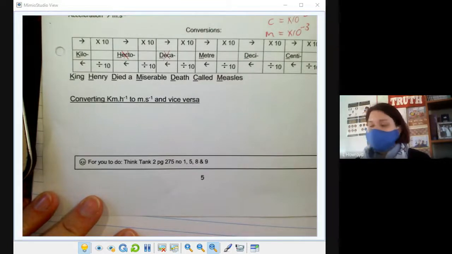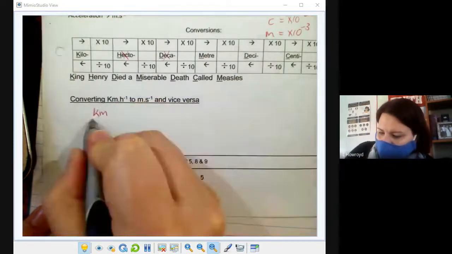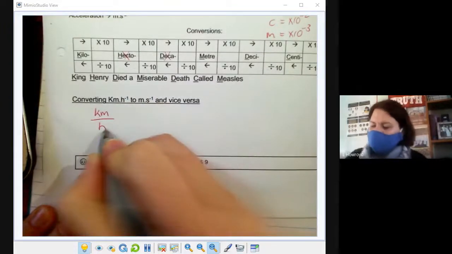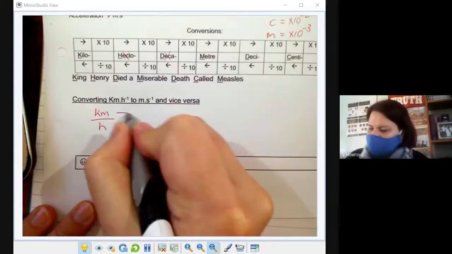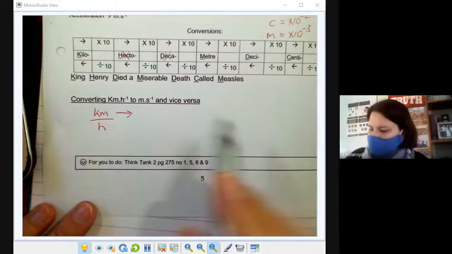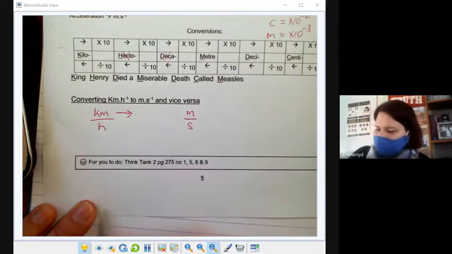Now, it's not as easy as you think it is because we've got two things we're converting. We're converting a distance and we're converting a time. So what we do is we go, all right, kilometers, and what we want to get to is meters per second. Remember, that's what we're aiming at.